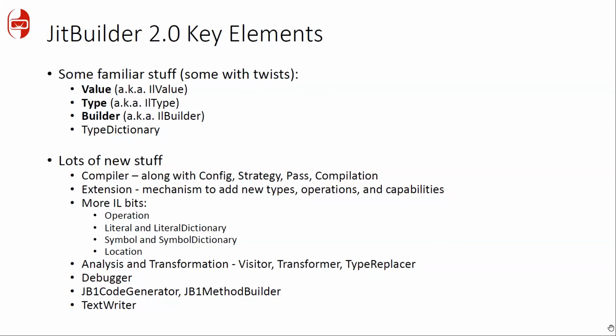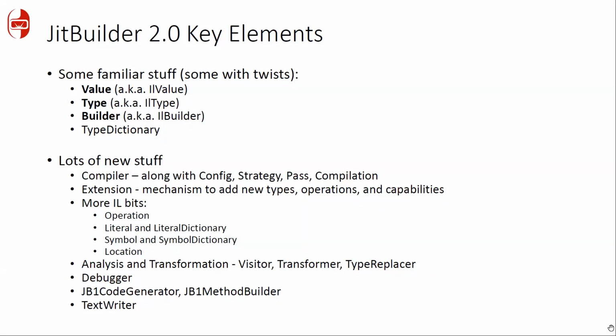There's lots of new stuff that has been created as part of this update. I didn't used to have a thing called a compiler. I'll talk about it more in the next few slides. It carries along with it things like configs for detailing what to do, strategies, like compile strategies, compilation passes, a compilation object.